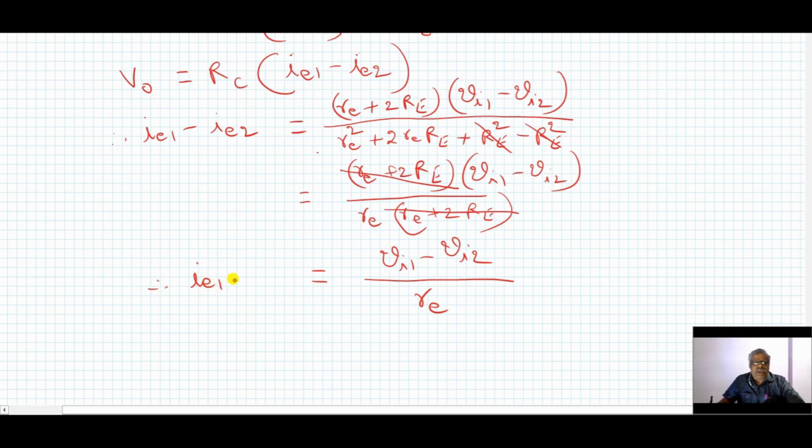So therefore IE1 minus IE2 is equal to this much.